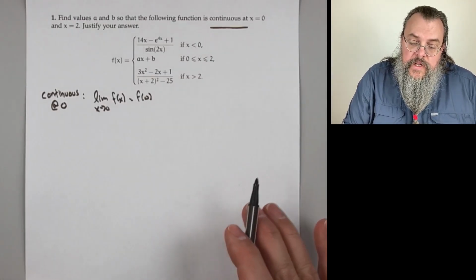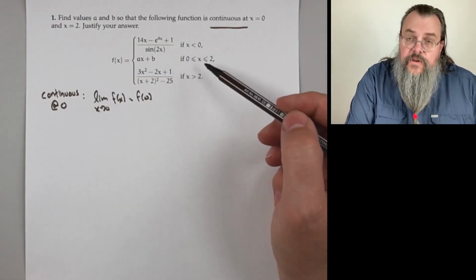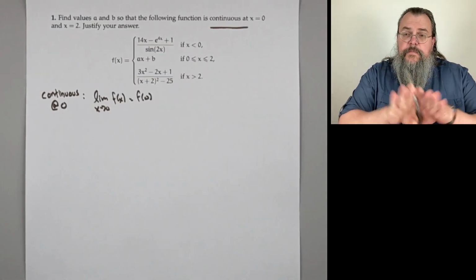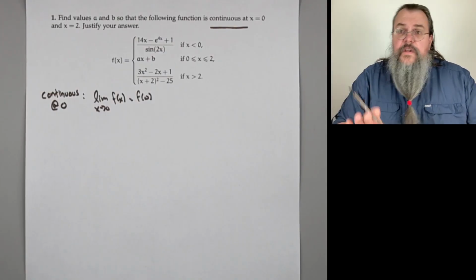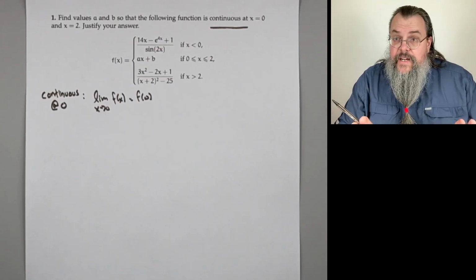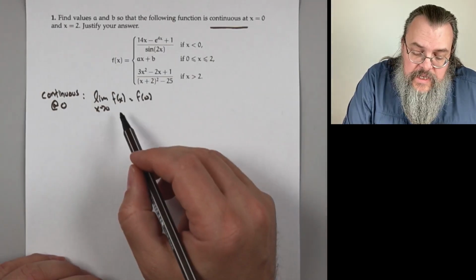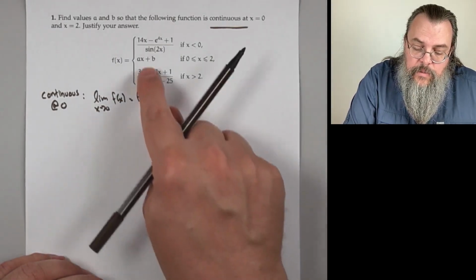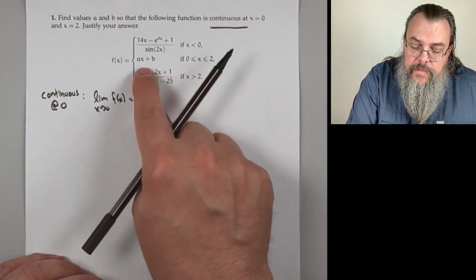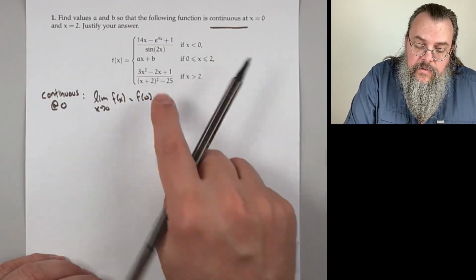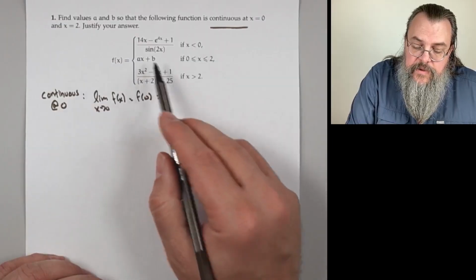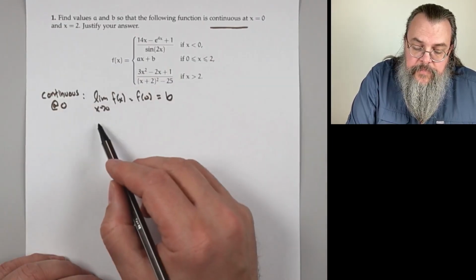Now notice that 0 is a place where we've split our function into pieces. So there's one type of behavior to the left, another type of behavior to the right. So we're actually going to have to say a few other things. Now, when we plug in 0, we're going to be in this ax plus b. So f of 0 would be a times 0 plus b, which is b.